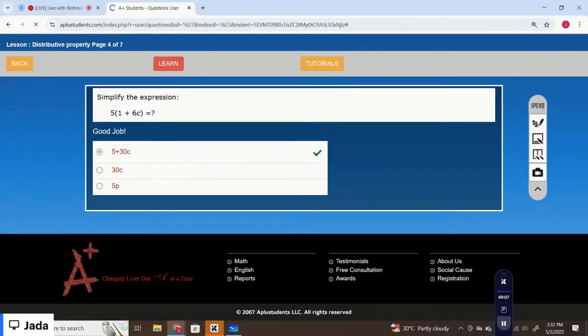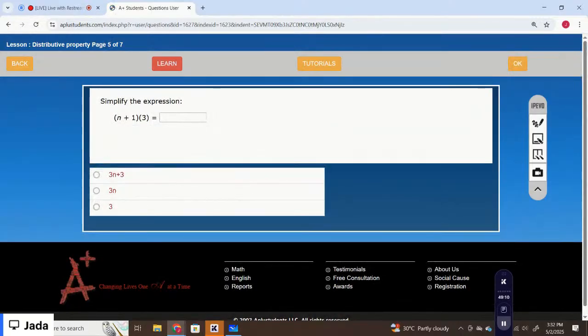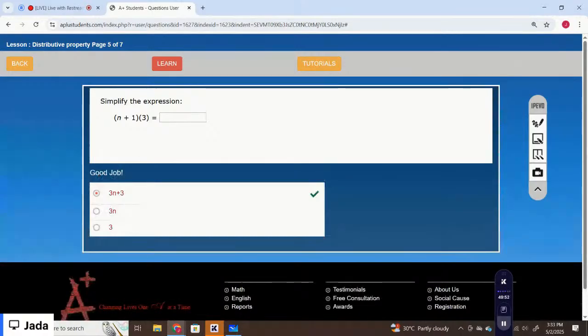Option number 1 is the correct option. n plus 1 times 3. 3 times n is 3n plus 3. Option number 1 is the correct option.